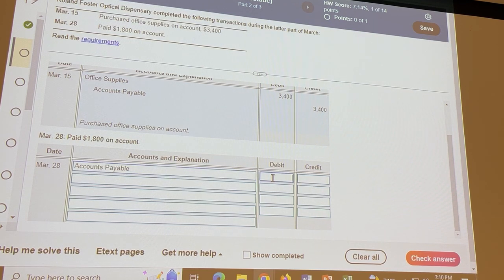The liability account goes down with the debit. And then this will use up some of our cash. Cash being an asset account, it goes down with the credit. Isn't it 1,800? Oh, yes. I was looking up at the first journal entry, I guess. 1,800. Thank you.